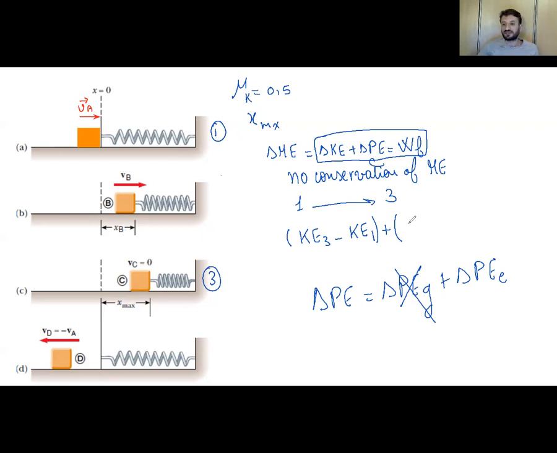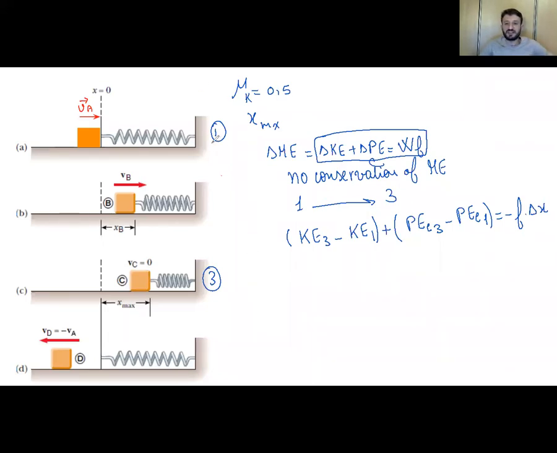So the final elastic potential energy minus the initial elastic potential energy equals the work done by F, equals minus F times the displacement dx between the positions.